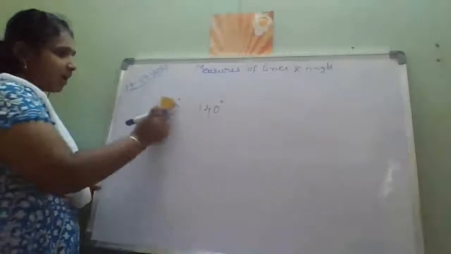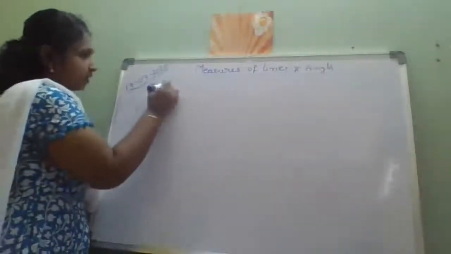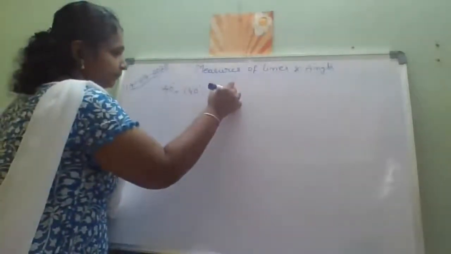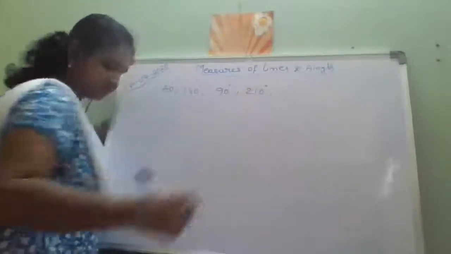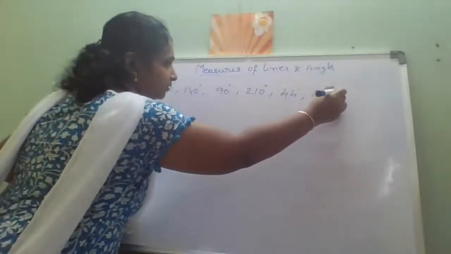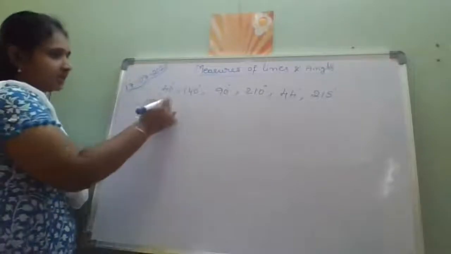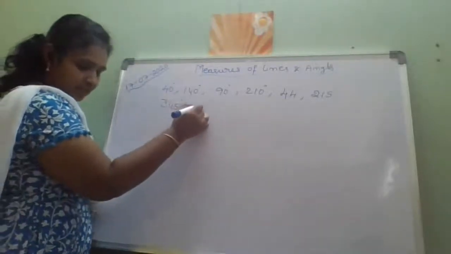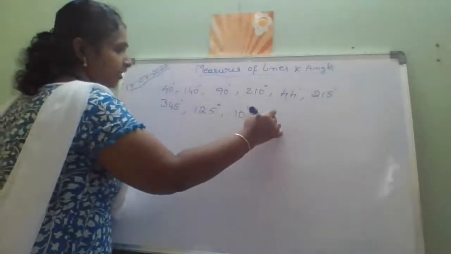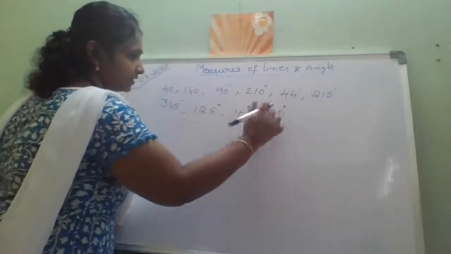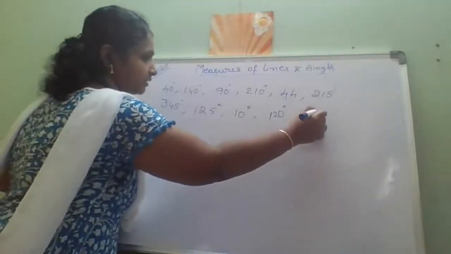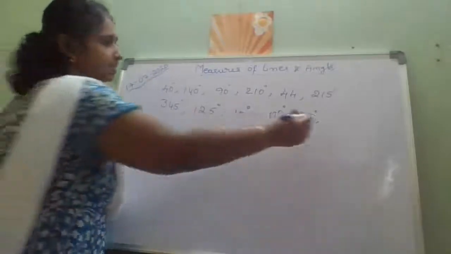Okay, I will write all the angles here: 40, 140, 90, 210, 44, 215, 345 degrees, 125 degrees, 10 degrees, 120 degrees, 89 degrees, 270 degrees.